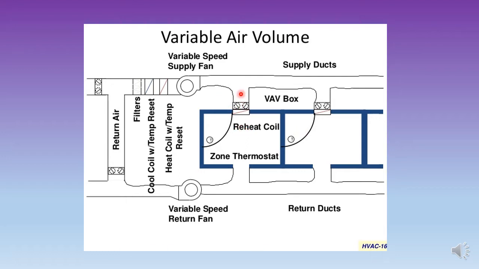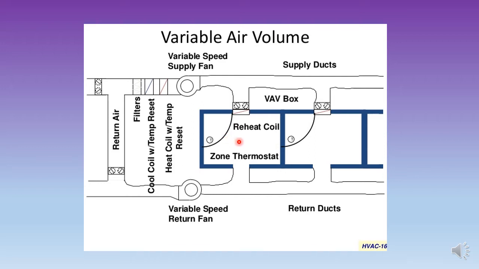And just before the air enters the space, there's the VAV box, or variable air volume. This is a terminal unit whereby the damper is automatically adjusted so that only a certain volume of airflow will be supplied to the space.